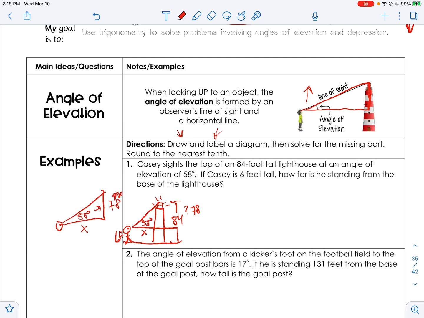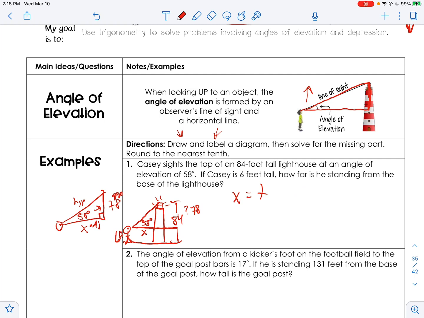So we've got opposite, we've got adjacent, because this is always the hypotenuse. It's across from the 90. So we just have to find that side. Well, finding a side, we have opposite and adjacent, so we're going to need tangent, TOA.